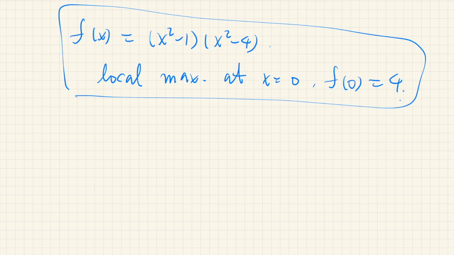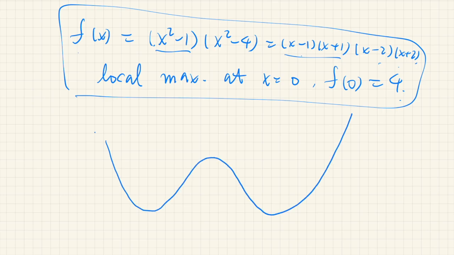If you factorize this function, this is x minus 1, x plus 1, and x minus 2 and x plus 2. So this function takes the value 0 where x is equal to plus or minus 1 or plus or minus 2. So the function looks like this.